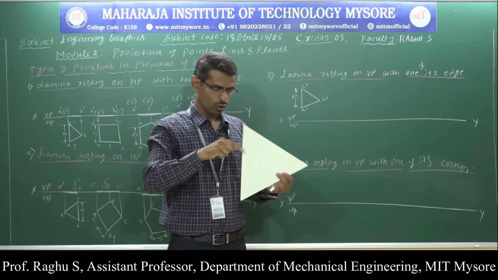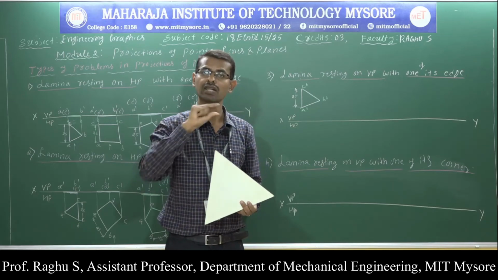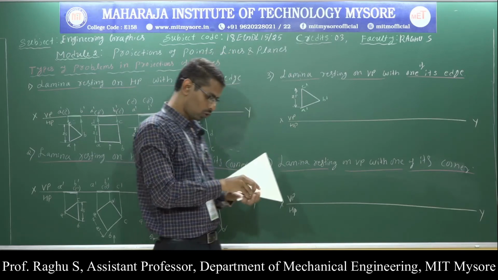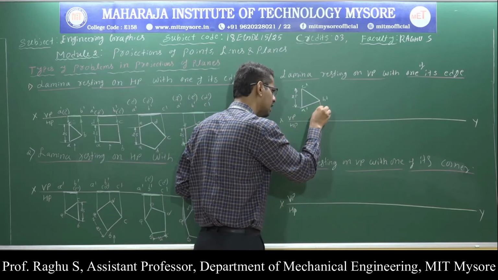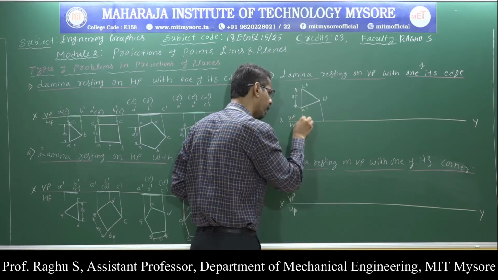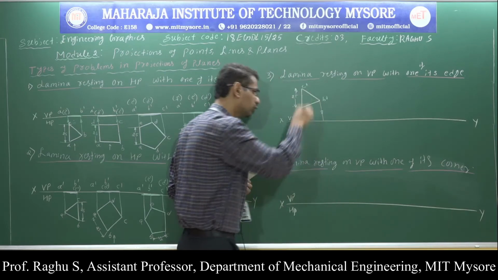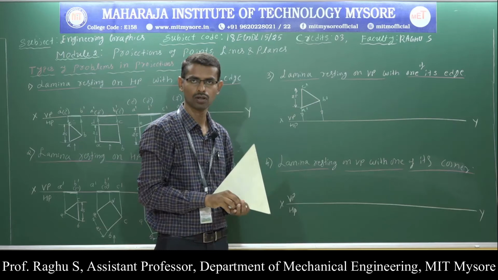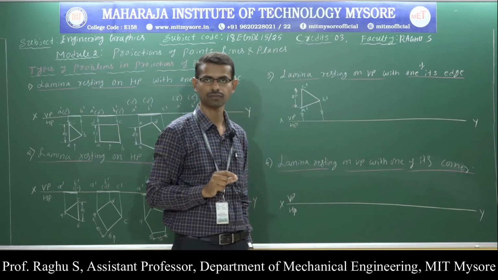Now, when you look at the lamina from the top, the lamina appears as a straight line. To get the top view, draw very thin lines up to the XY line, that is, downward projections from all the corners. These lines are called projection lines.